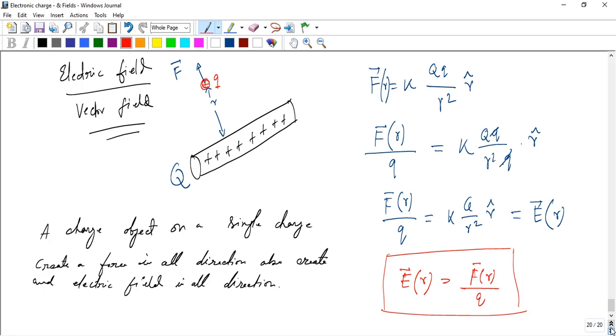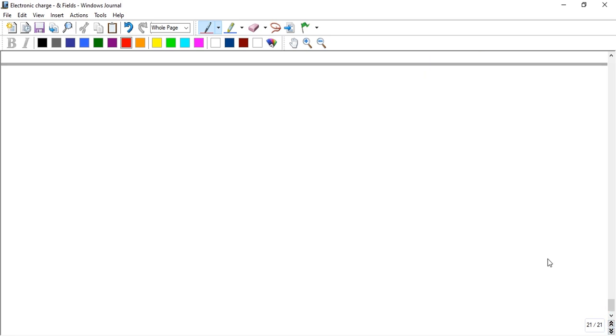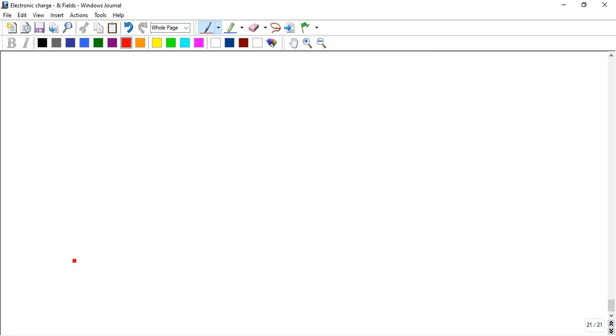Now, taking some example, there is a plus Q charge here, a source charge, at some distance r. There is a small plus test charge q, and that q experiences some force. If both are positive, they experience force outward.